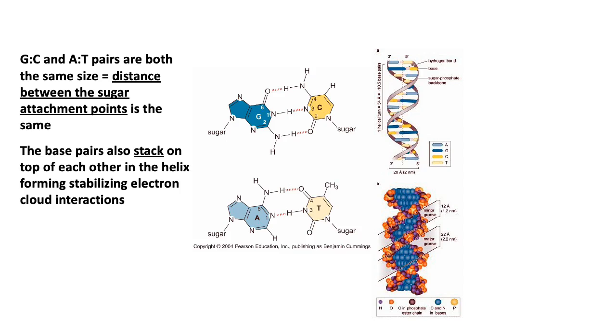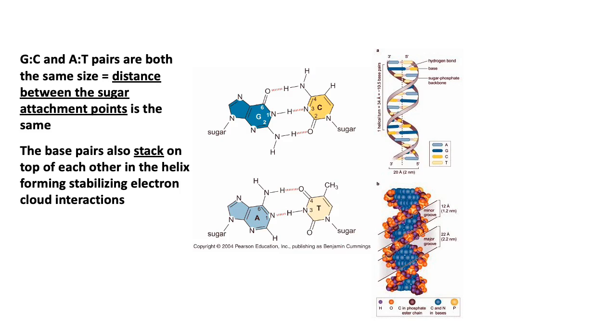Okay. The reason I keep hammering home that you have one purine and one pyrimidine is, as I pointed out, the purines have 2 rings and the pyrimidines have 1. That means that they are unequal in size.